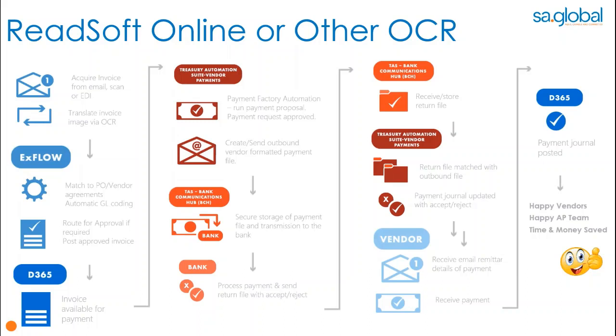It is fully integrated with the purchasing module, inventory and logistics, accounts payable, finance, project accounting, and fixed assets. So all those other submodules within D365 that you're using for invoicing, you can use in XFlow as well. If it is a purchase invoice and it matches all criteria and is within tolerances, it can go straight through to AP for payment processing through Treasury Automation Suite.